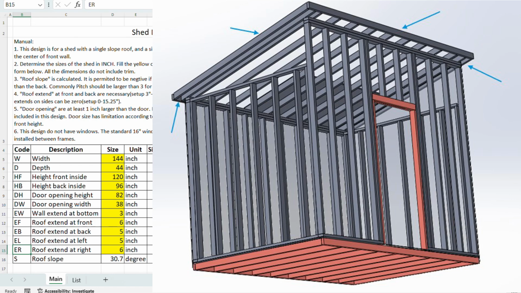The front and back extensions are required to keep rain out and also leave holes underneath to let air flow through the shed. The extension on the right and left can be 0 if you don't want it.